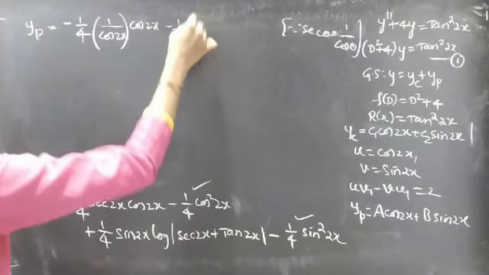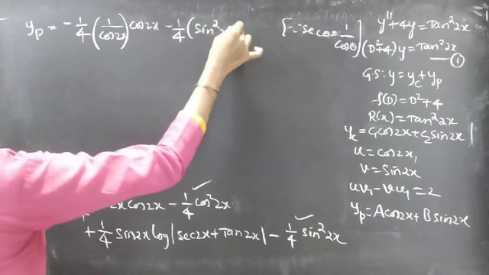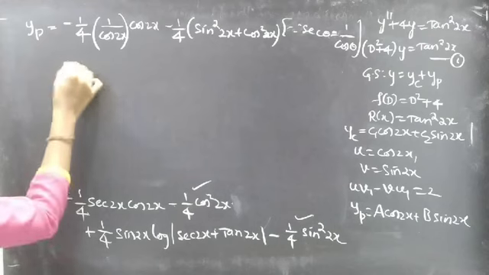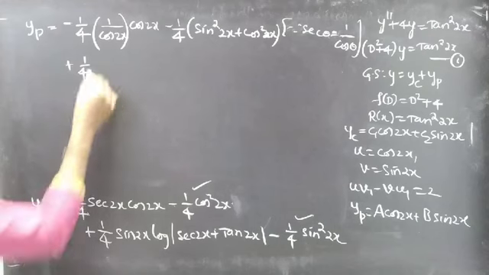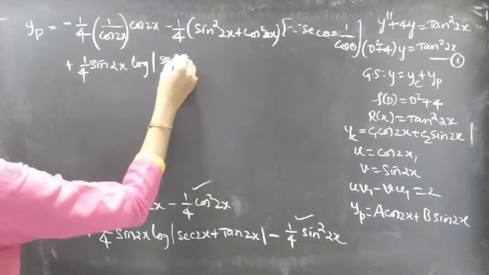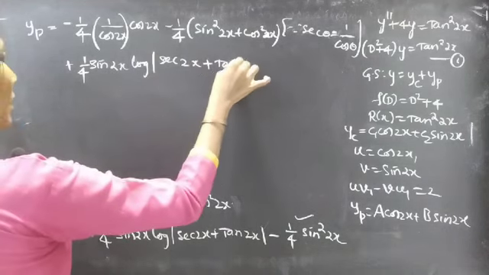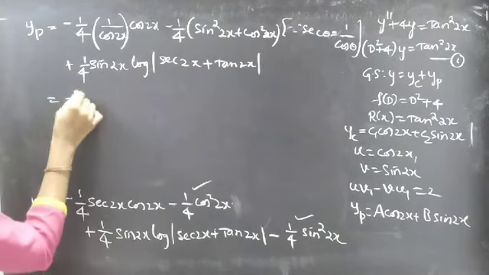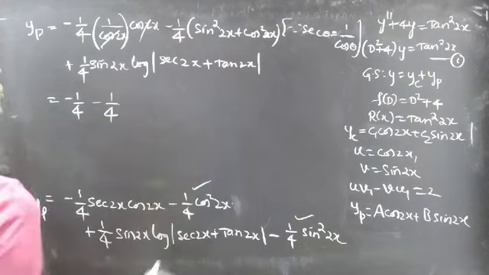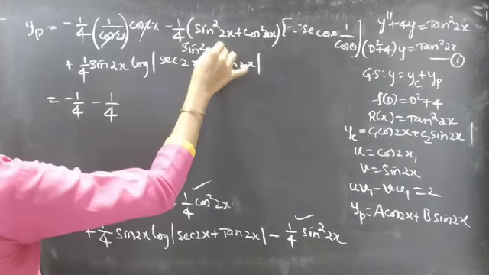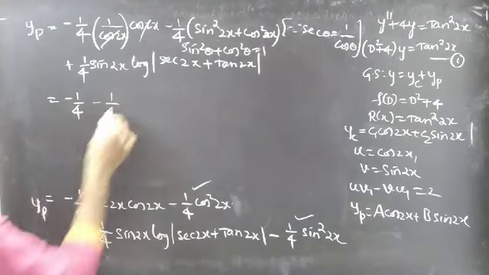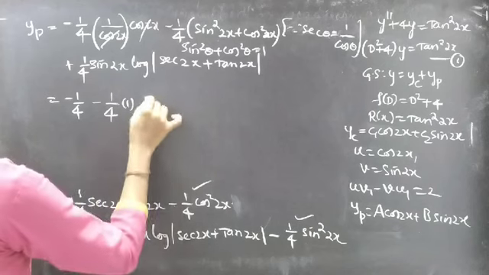I'll write it as minus 1 by 4 into sin square 2x plus cos square 2x, plus 1 by 4 sin 2x into log mod secant 2x plus tan 2x, which is equal to minus 1 by 4 into, cos 2x gets cancelled, minus 1 by 4 into, since sin square theta plus cos square theta equals 1, we get sin square 2x plus cos square 2x is 1. We'll get into 1 plus 1 by 4.